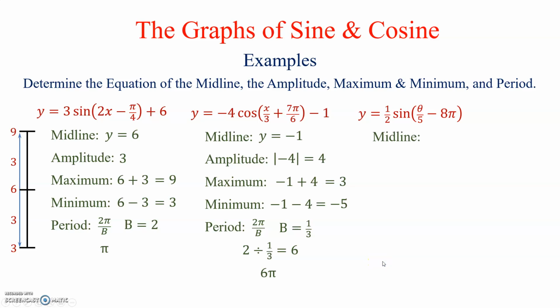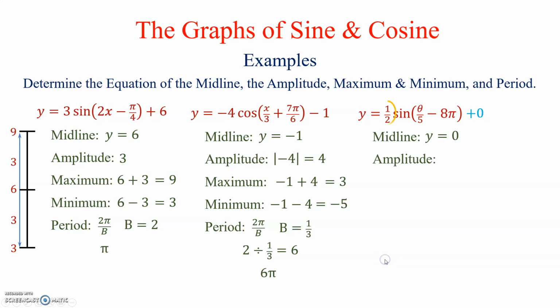So our midline, again, normally we would start with our constant term, but obviously there is no constant term outside the parentheses. But we could have put plus 0, just to emphasize there's the constant outside the parentheses, the d. So here, the midline is y equals 0.